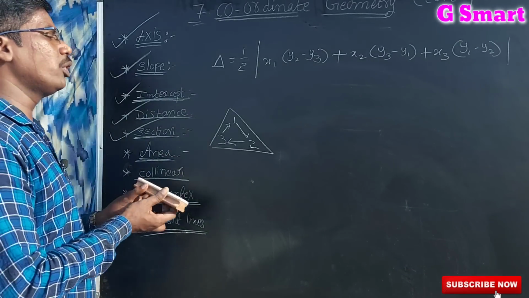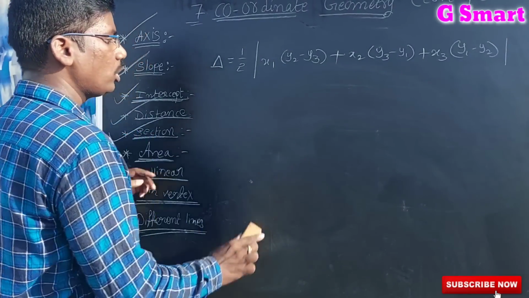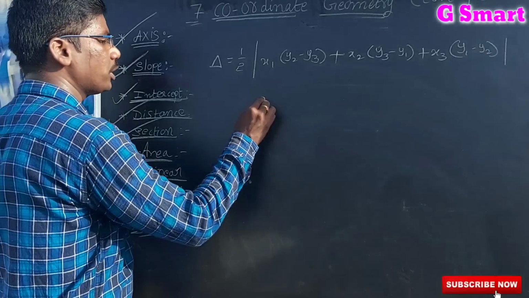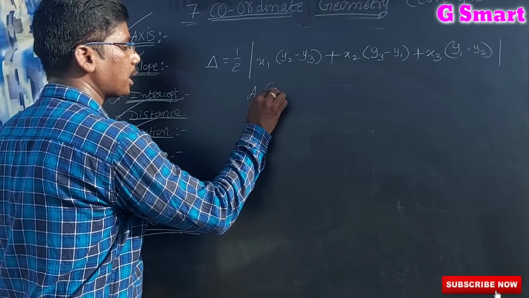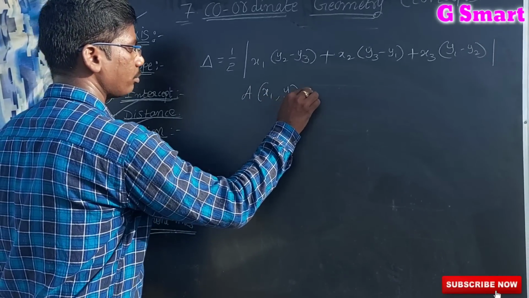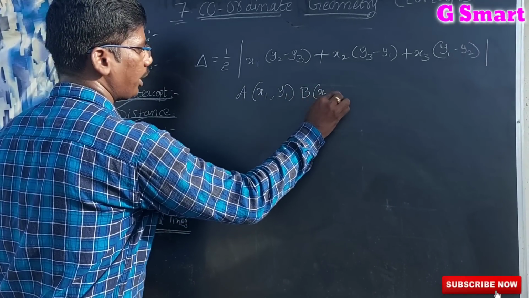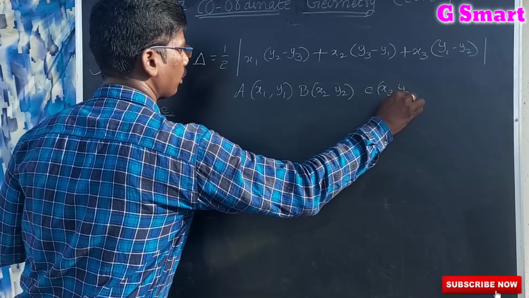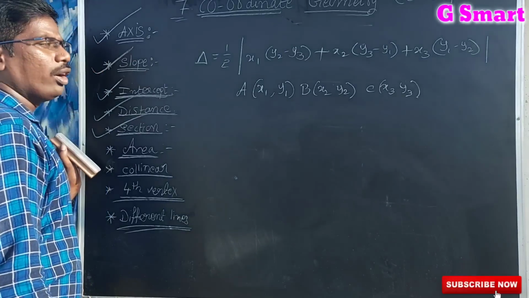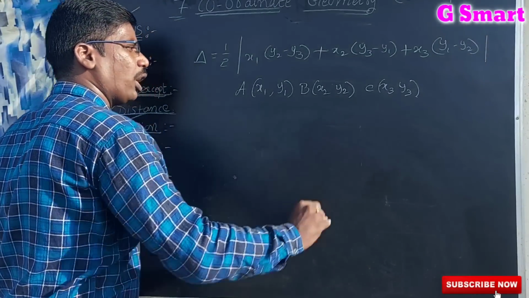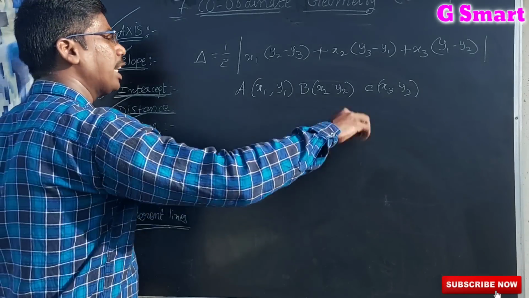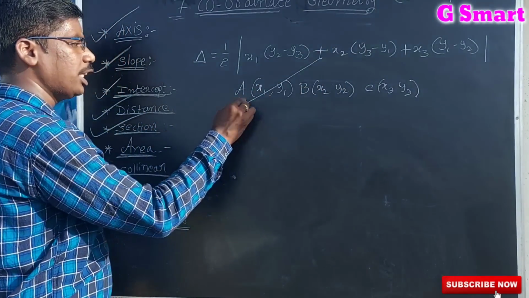But now I am going to say the shortcut, so we need not do this one. If you do this in the exam, you will take 4 or 5 minutes. So now the shortcut: a (x1, y1), b (x2, y2), c (x3, y3). In these 3 points, you have to select the least point and cancel that least point. For example, if this is the least point, cancel this one.